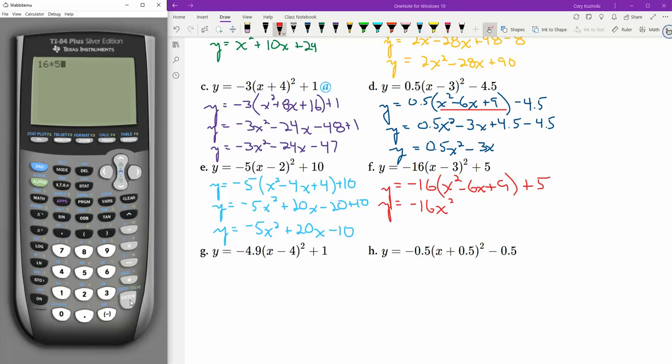Yeah, that's 80. So plus 80x. 16 times 9, so negative 144 plus the 5. That's going to give me negative 16x squared plus 80x. Negative 144 plus 5 is negative 139.